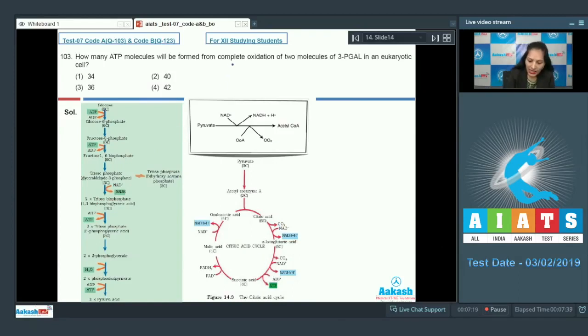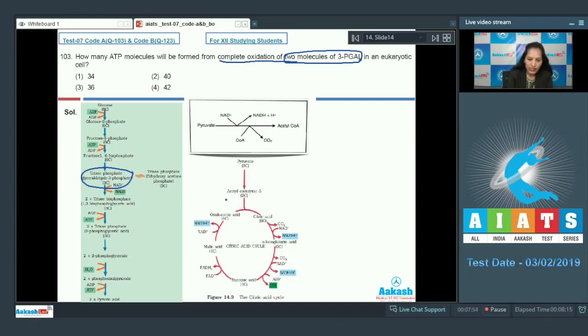It has been asked about complete oxidation of 2 molecules of 3-PGAL. So find out where in a eukaryotic cell this 3-PGAL is formed. In glycolysis, when you start the breakdown of glucose, you will find this 3-PGAL somewhere here. So this is phosphoglyceraldehyde or glyceraldehyde 3-phosphate.